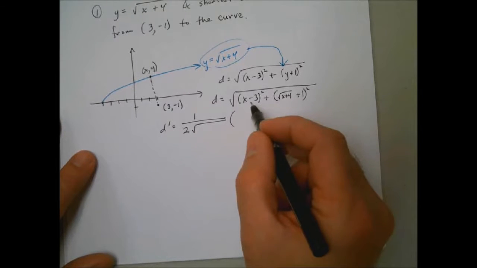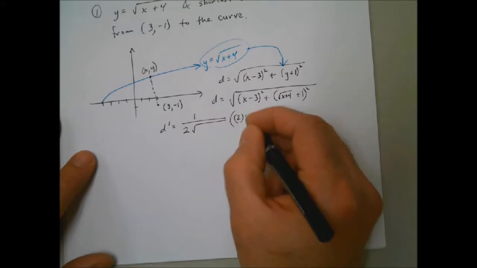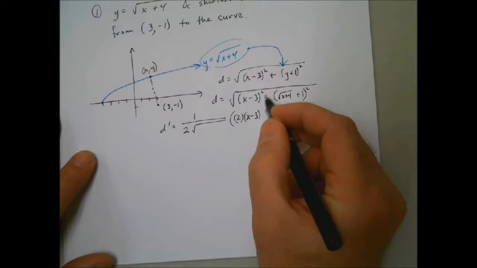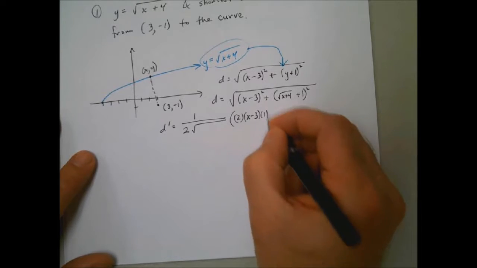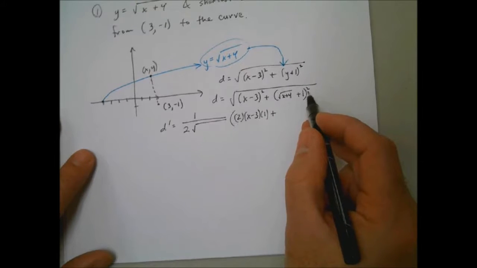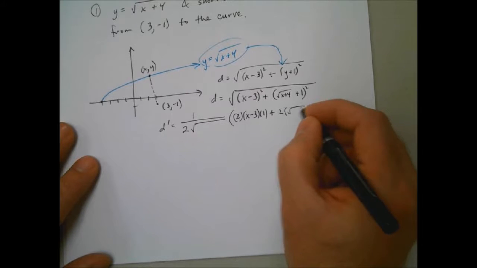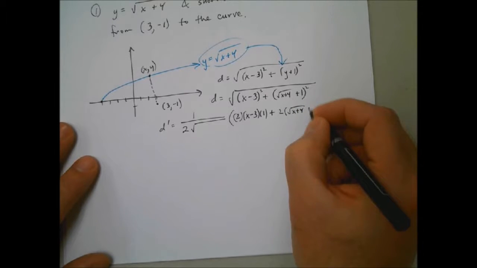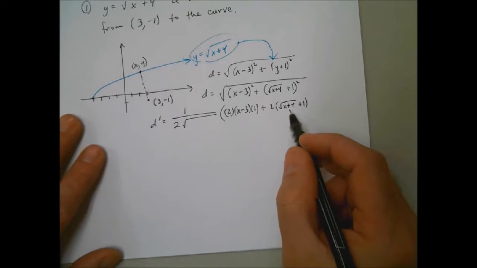And the derivative of the guts, you got (x minus 3) quantity squared, so that's 2 times (x minus 3) to the first times the derivative of those guts, which is 1, plus the derivative of this part right here, so you got 2 times (root x plus 4 plus 1) to the first times the derivative of those guts.